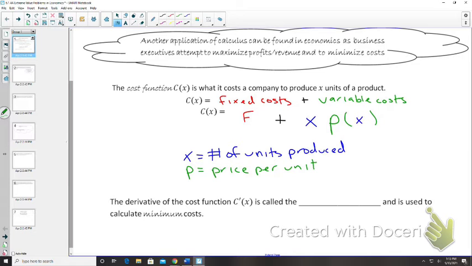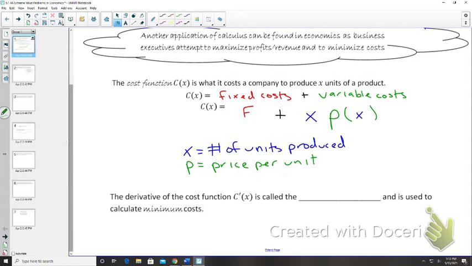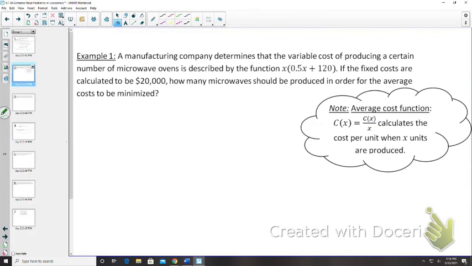Once we have taken into consideration our fixed costs and our variable costs, if we take the derivative of the cost function, so C prime of X, this is called the marginal cost. And this is used to calculate minimum costs. Again, business people want to maximize revenue and they also want to minimize the costs. All right, so let's get into our first example here.